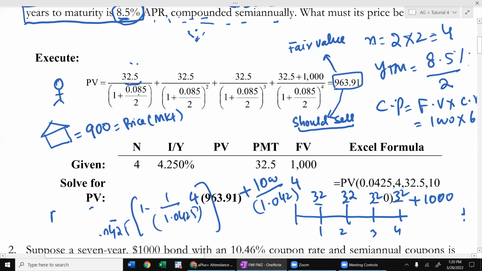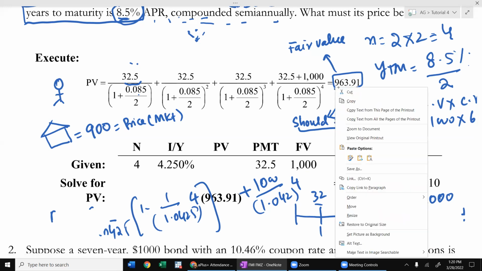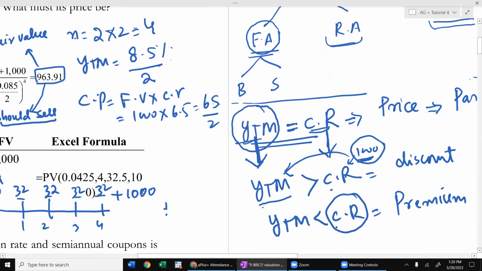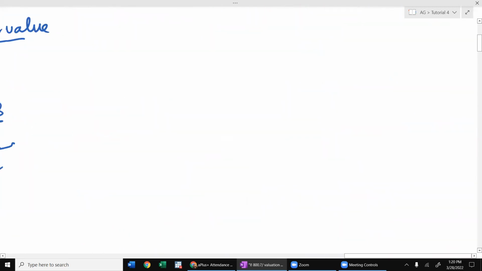So in your mind the actual price should be 963.91; you are willing to pay 963.91 to buy this bond. But when you go to the market, the price is 900. Will you buy it? No, sir, because it's more expensive. Okay, very good. Let me explain that.